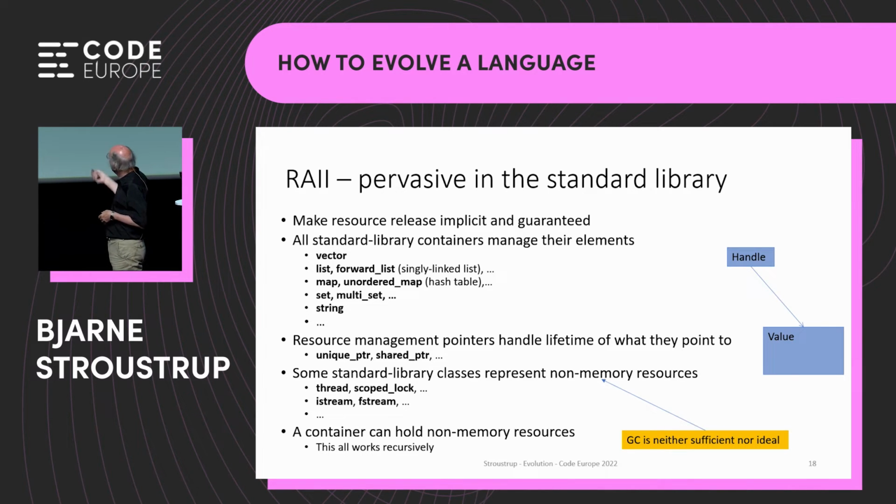the RAII, as this was called, resource acquisition is initialization, which is a very clumsy term, which sort of illustrates why I shouldn't be in marketing. I was very busy that year.